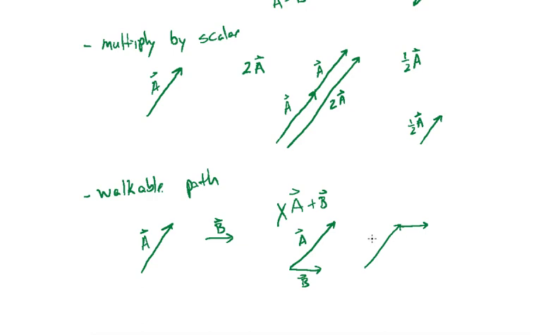Make sure that you can go from the starting point to the ending point without ever lifting your pencil and only following the direction the arrows are pointed. In the next video, I'll do a little more work on finding resultants.